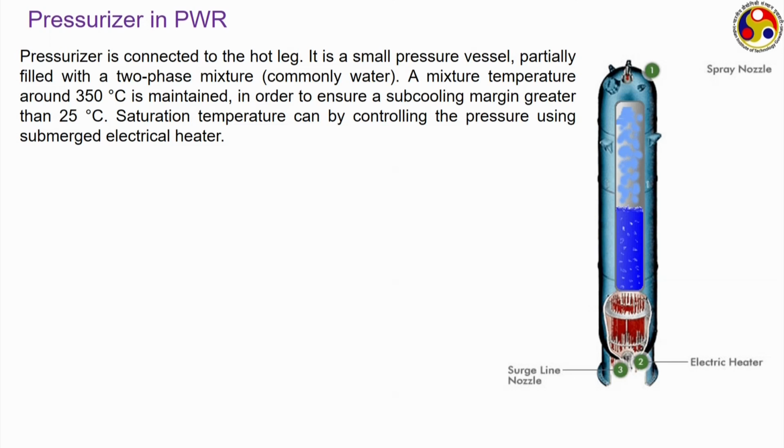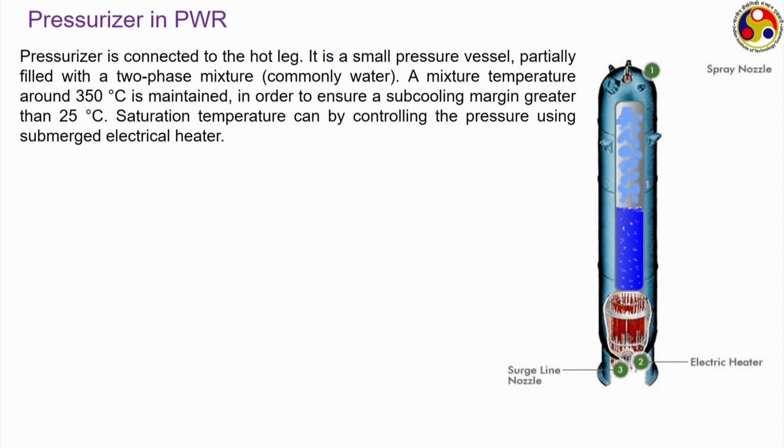We can maintain a coolant mixture temperature of 350 degrees Celsius, which automatically can balance the pressure to the targeted pressure of around 16 megapascal. Because in the saturation state, or whenever we are dealing with a saturated mixture, pressure and temperature are not independent, rather they are dependent on each other. Once one of them is fixed, the other has to be fixed.